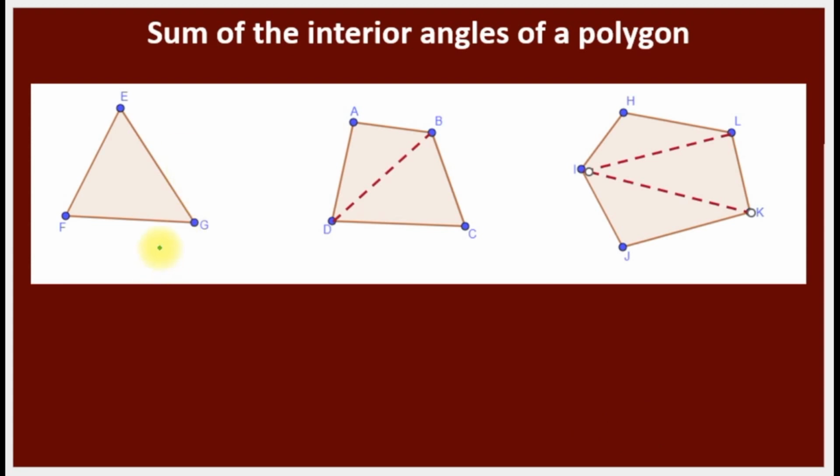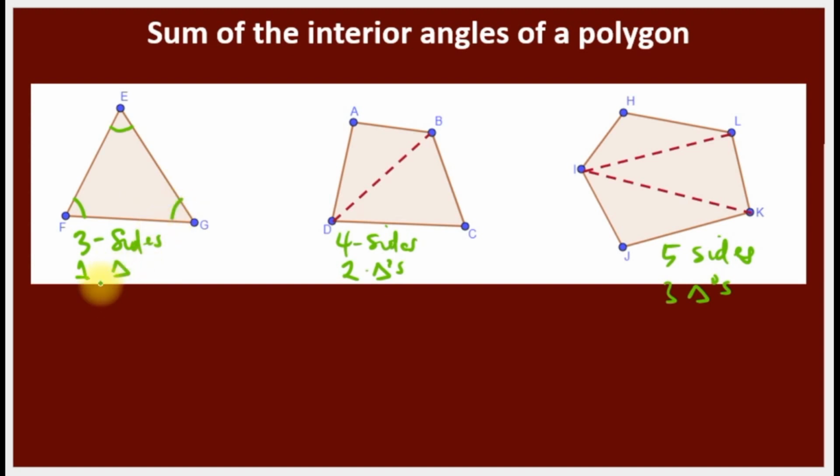What do you notice? Here we have 3 sides and 1 non-intersecting triangle. For 4 sides, we have 2 triangles. For 5 sides, we have 3 triangles.